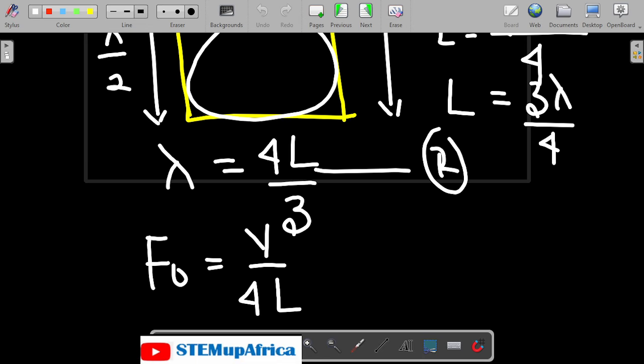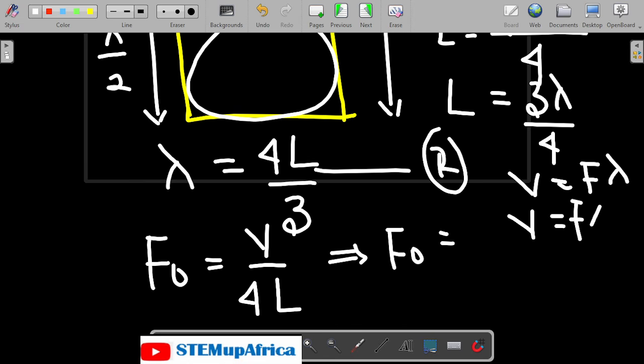So from here, V we know is F lambda, right? So my V here is F times our lambda, which is 4L over 3. Let's substitute this V in place of this V. So what are we having?